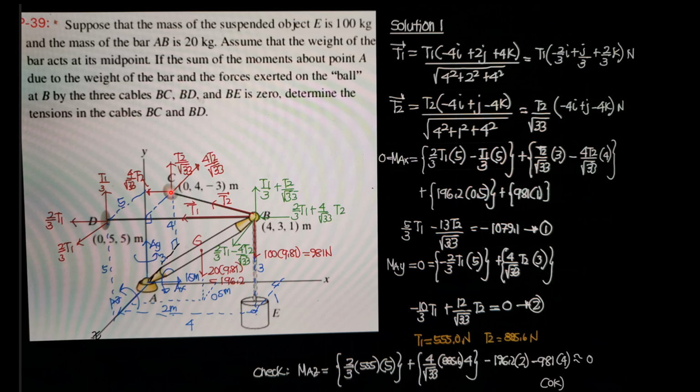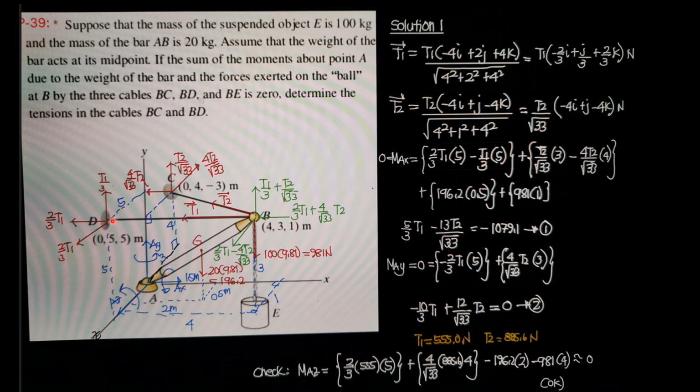Then the other point C, 0, 4, -3, is 4 meters above the xz plane and 3 meters at the back. That's 3 meters. So again, this component is positive 2/3 T1 moment about x, 2/3 T1 times 5.